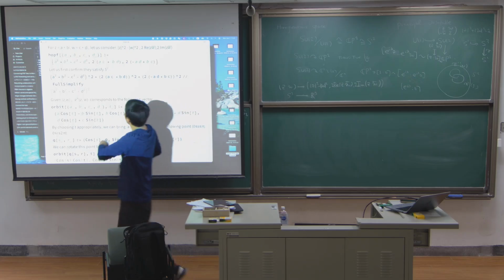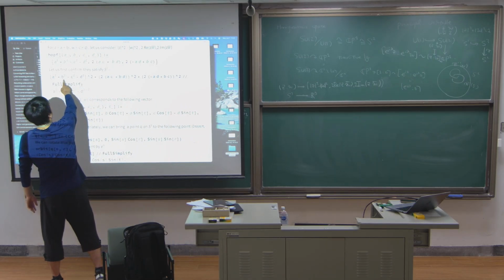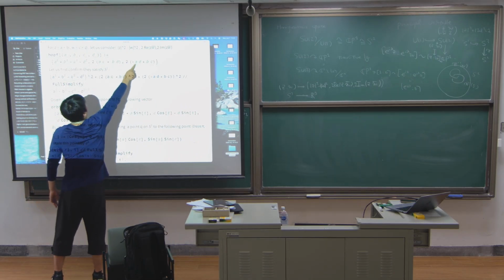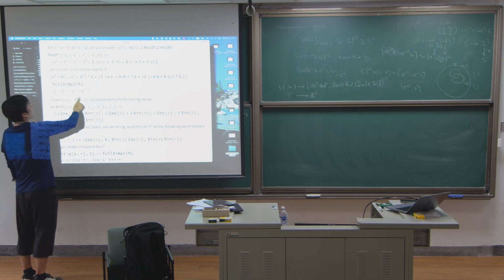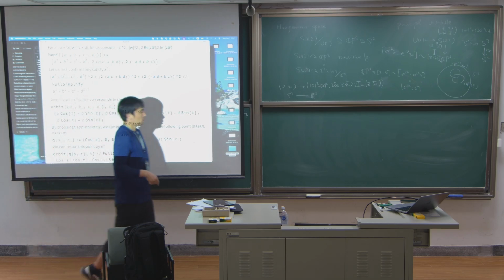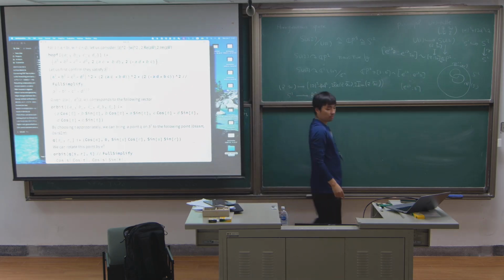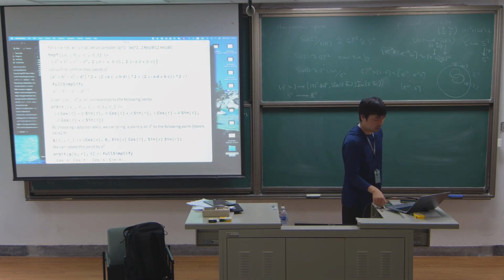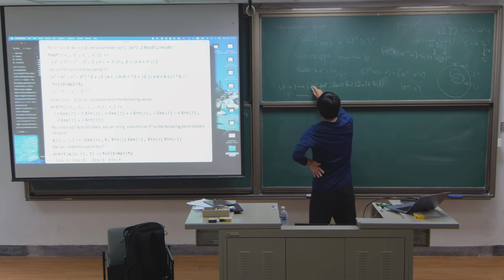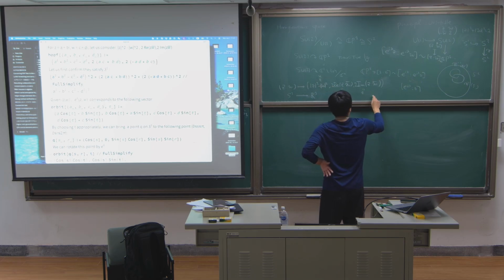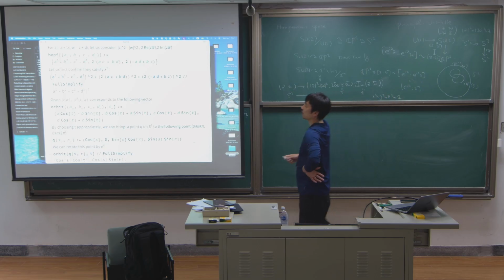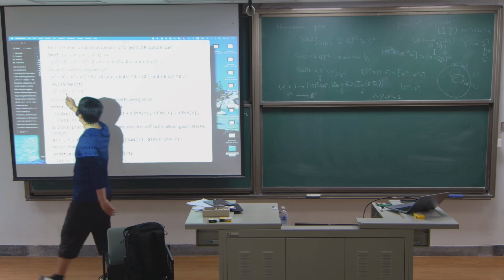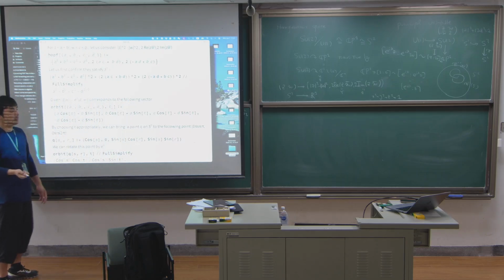Then they satisfy these coordinates, and if you square it, you get this number, which is equal to 1. So if we call this x, this y, and this z, then x squared plus y squared plus z squared is equal to 1. This means nothing new, because we know that a squared plus b squared plus c squared plus d squared is equal to 1.